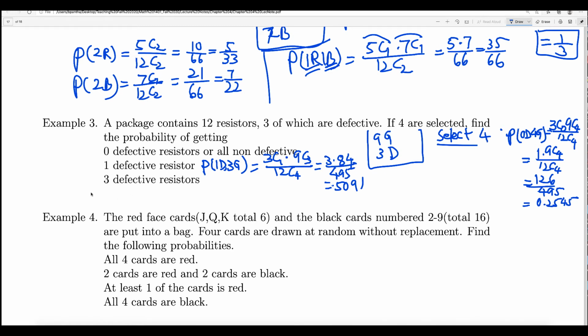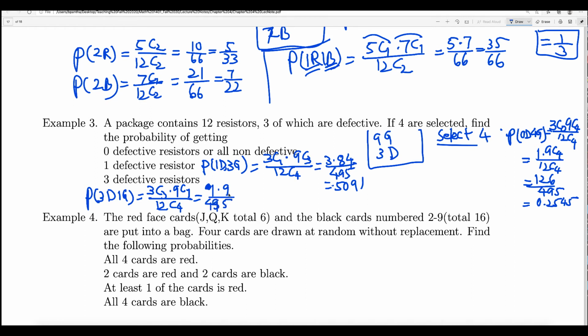3 defective registers. How do you do that? You are picking 4, don't forget that. 3 defective means you need to pick 1 good, right? So the probability of 3 defective and 1 good will be 3C3 times 9C1 divided by 12C4. 3C3 is 1, times 9C1 is 9, divided by 495.